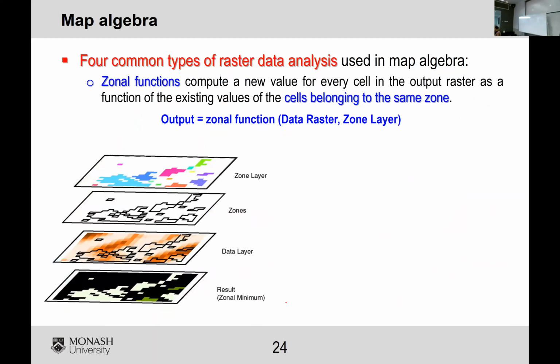Now the third type is called a zonal function. So in this function, we're taking in the data raster and then the zone layer. So in the zone layer, we specify different zones. It could be the soil type or different land use.